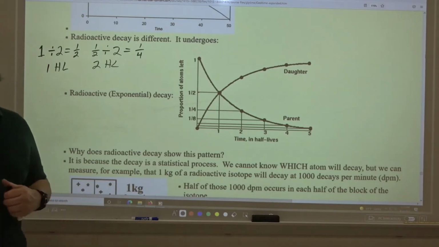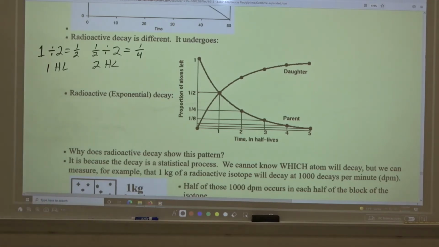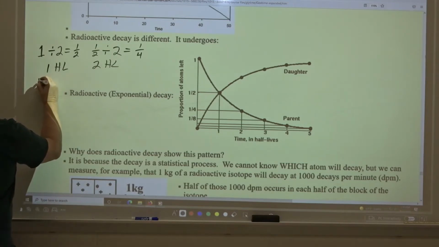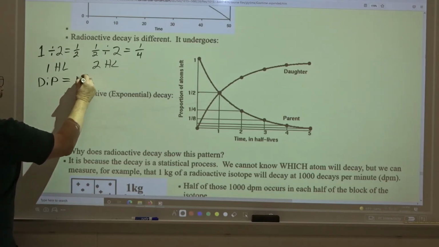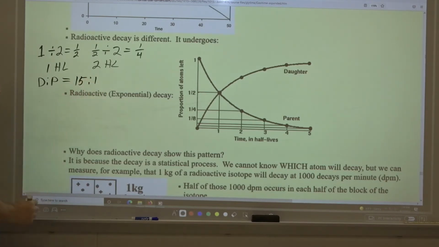Okay? So how do we use this information, and specifically, how do we use the daughter to parent ratio to tell how old a sample is? We can use, as an example, a daughter to parent ratio of 15 to 1. So suppose that we've analyzed our sample and we have a daughter to parent ratio of 15 to 1.